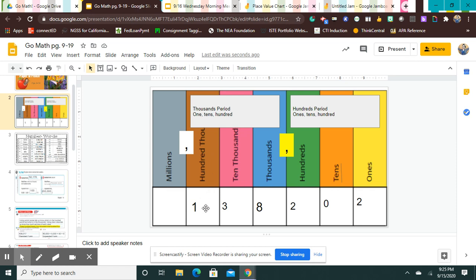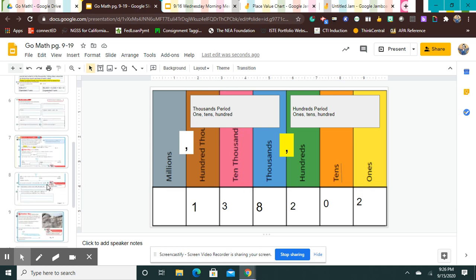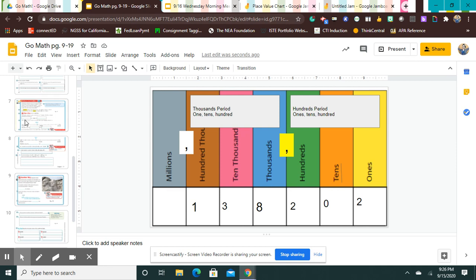So in my hundred thousands, I have 1. In my 10,000s, I have 3. So 3 times 10 is 30. So this represents 30,000 right here. And in my thousands column, I have 8. 138,202. So I like putting my number in that place value chart so it's nice and organized. So I have a better idea of where everything is.